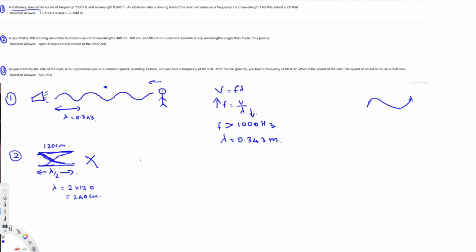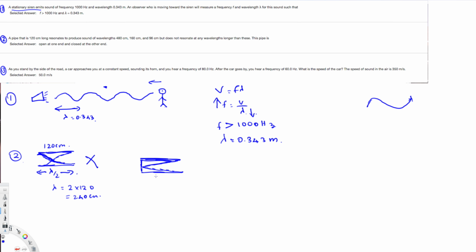So let's take one closed end. One side is closed, the other side is open. What's going to be the first harmonic? The first harmonic is going to have an antinode at the open end, not at the closed end. So that's the pattern for the first harmonic in a pipe closed on one side.